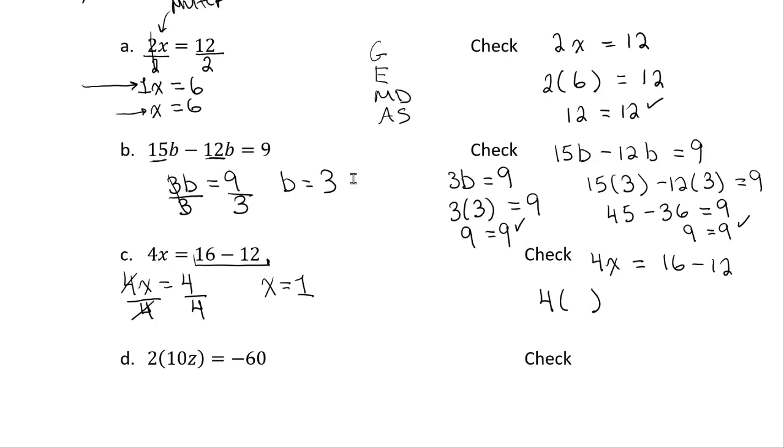So it's better to just use them all the time. And that's what I try to model whenever I'm showing how to do these math problems. Okay, so I'm going to combine the right-hand side, which is 4. I substitute my 1 in, and I get 4 equals 4.